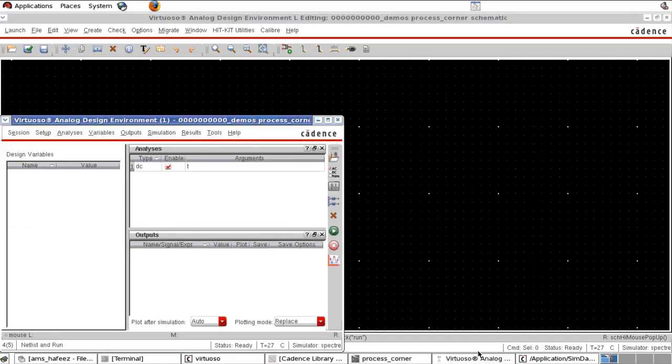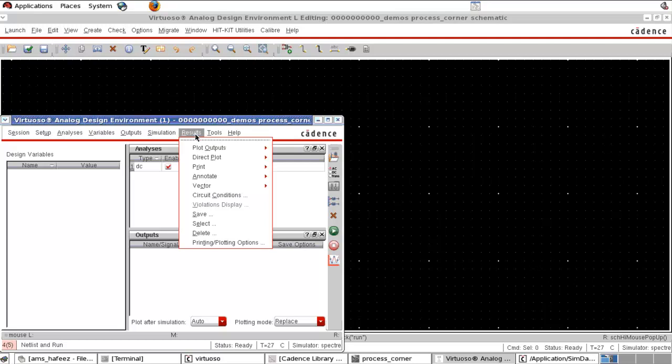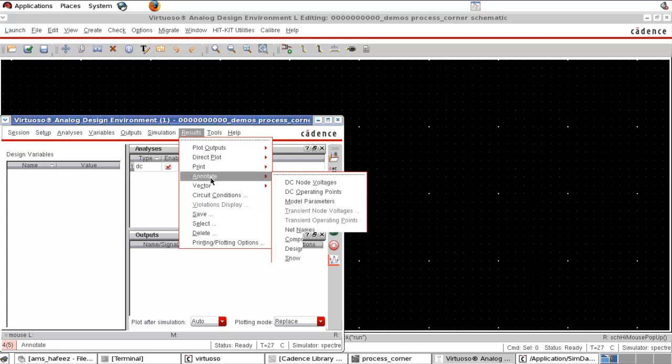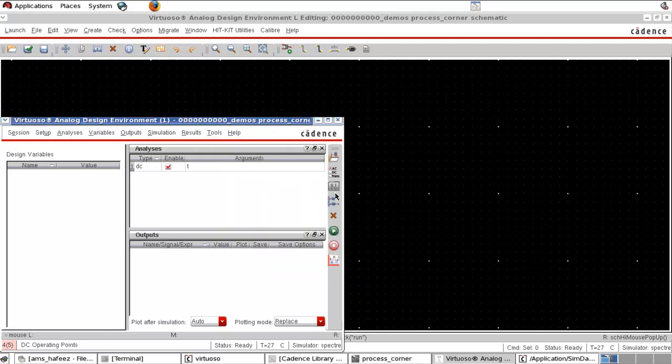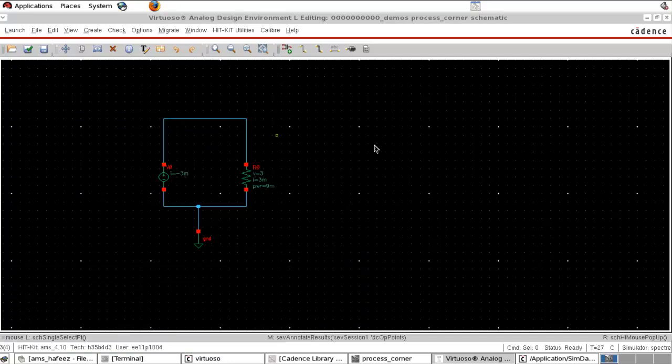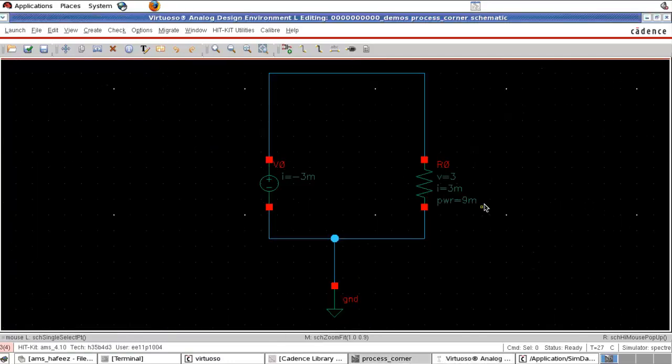And to see the output, we have to annotate the DC operating point. So we got the voltage across this resistor is 3, the current through it is 3 milliampere, and the power is 9 milliwatt. So this is an ideal resistor. It will not vary with the temperature or process.